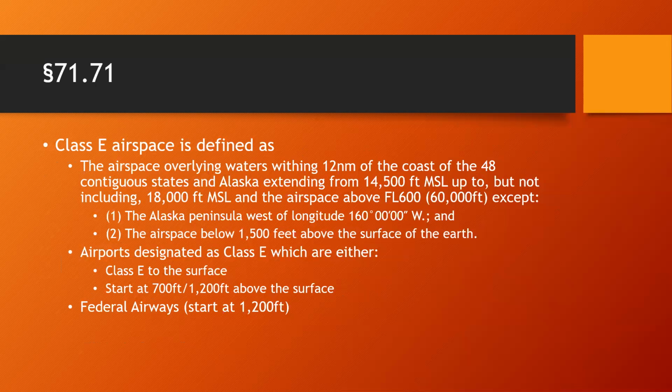Airports designated Class Echo are either Class Echo to the surface, or they start at 700 feet or 1,200 feet above the surface. Also, Federal Airways, which start at 1,200 feet.